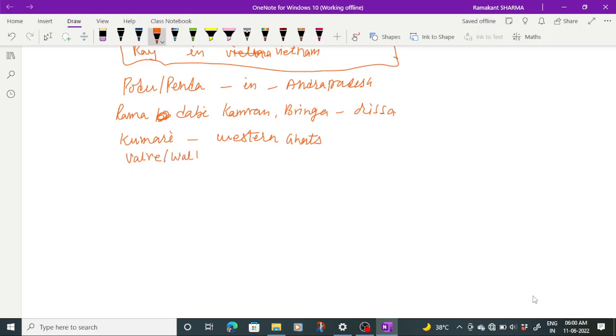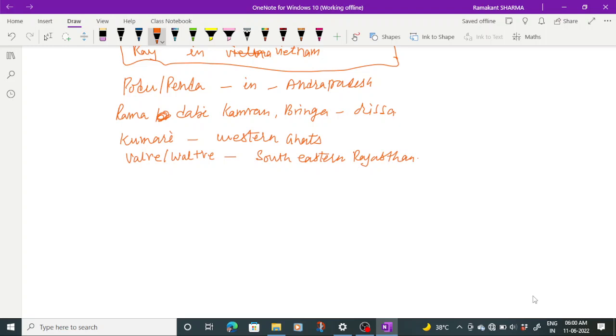Somewhere it is called Valtre or somewhere it is called Valare in southeastern Rajasthan.